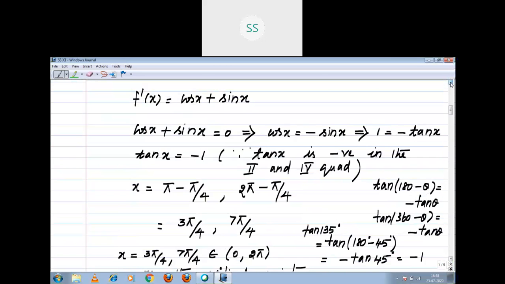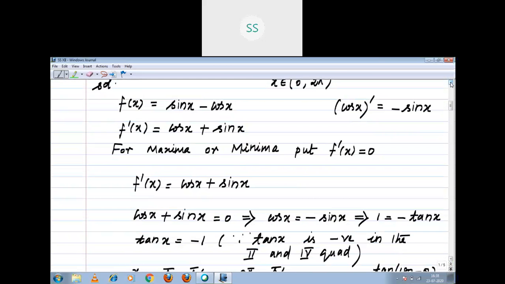What is given? First step, your function sin x minus cos x. Second, you did the differentiation, that is cos x plus sin x. Next, the derivative equal to 0, so you arrived at tan x equal to minus 1. In which quadrants is tan negative? You people said second and fourth quadrant.